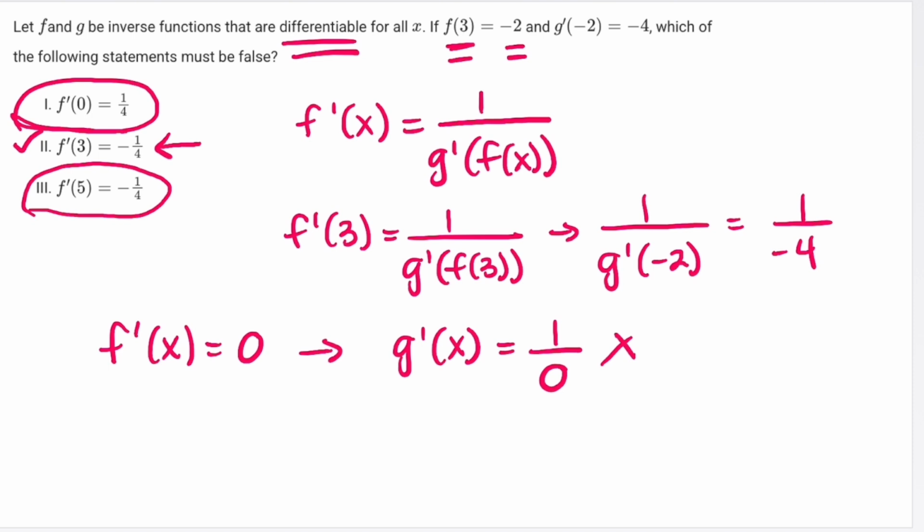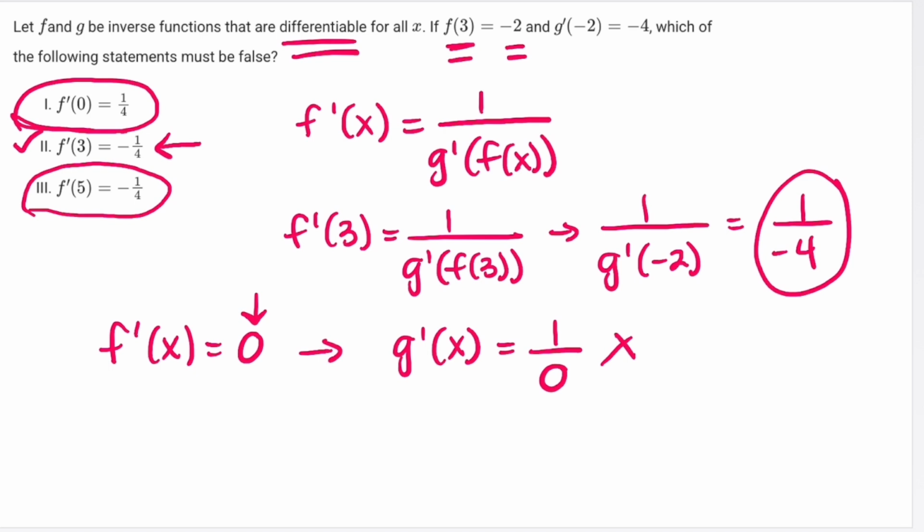So that means that if the derivative is negative, it must stay negative. It must never turn positive, because if it turns positive, it has to cross 0. So if these functions are differentiable everywhere, both the function and its inverse, the sign of the derivative can never change if it's going to be differentiable everywhere.